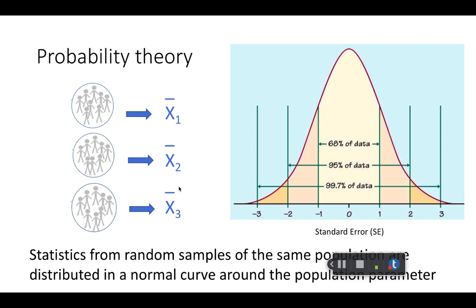Okay, so here we see a normal curve, and 0 is the mean, the average of that curve, and the statistics from these 3 samples are going to be somewhere within that curve.